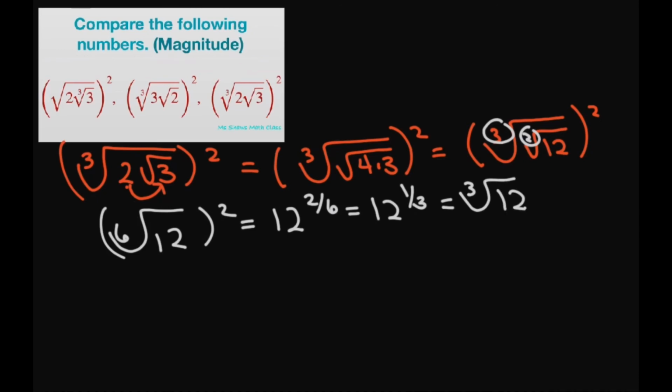So notice, and I know we're on a different slide, but the cube root of 12 is smaller than the cube root of 18, which is smaller than the cube root of 24.